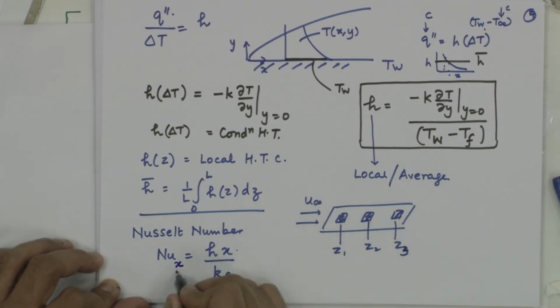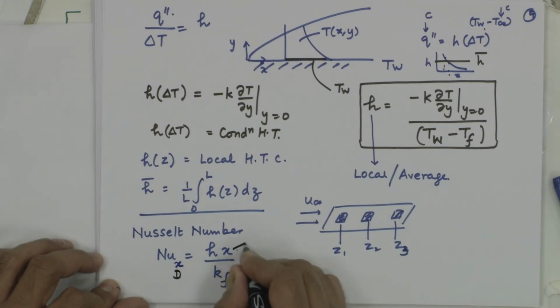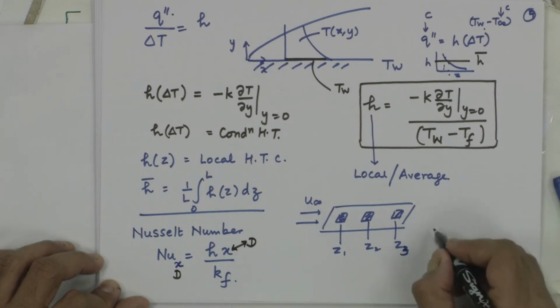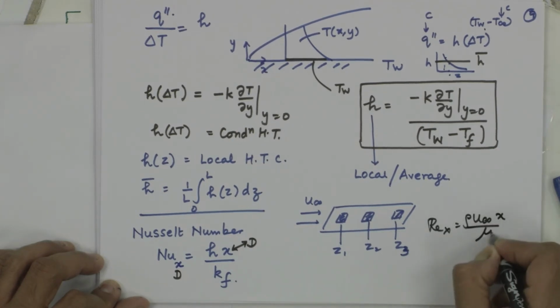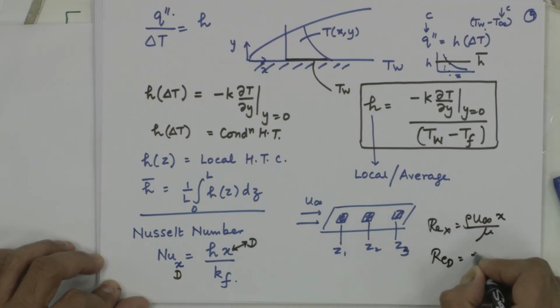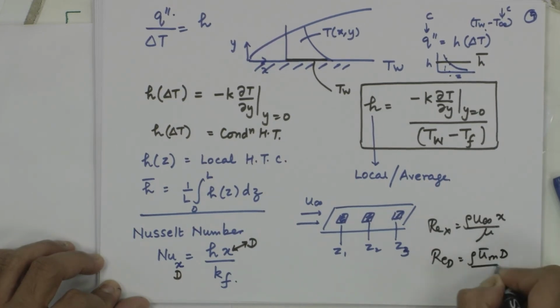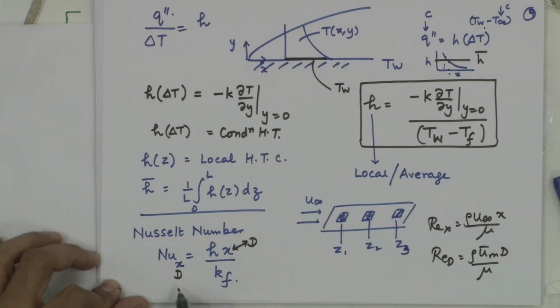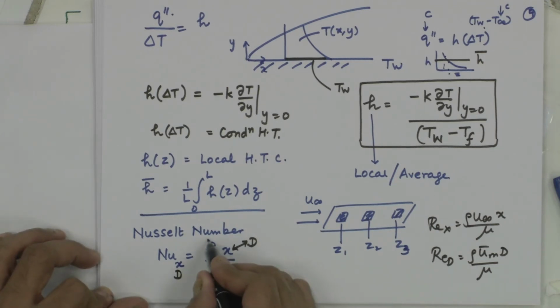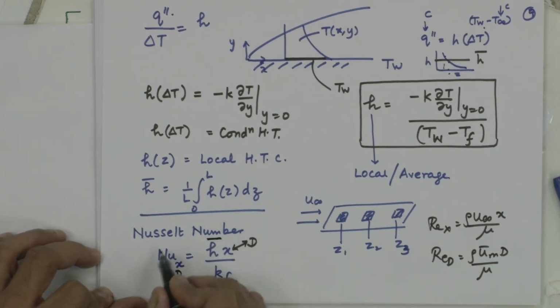For internal flow, I am just writing in black subscript, the X is replaced by D, just as in your Reynolds number definition, Re x is rho u infinity x by mu, Re D is rho u bulk mean D by mu. Whatever is the characteristic dimension for Reynolds number, the same is the characteristic dimension for Nusselt number. If the heat transfer coefficient here is average, you would have an average Nusselt number. If you talk of local, you would talk of local Nusselt number.